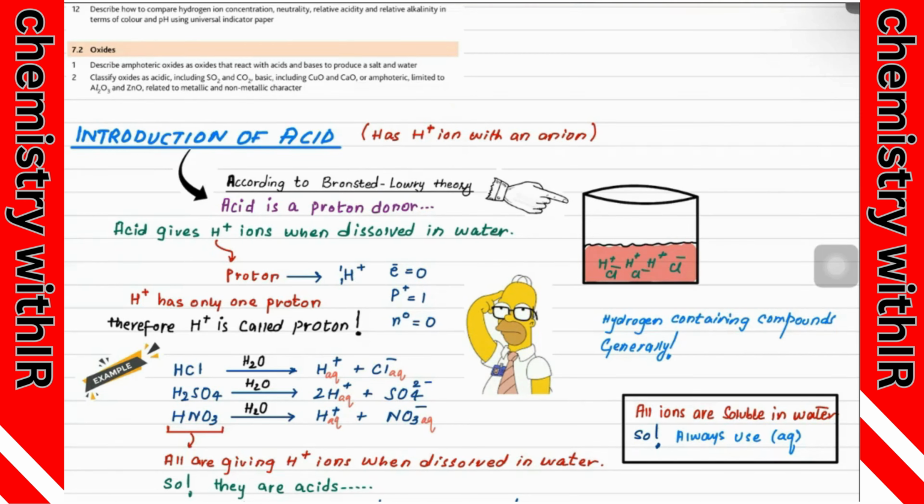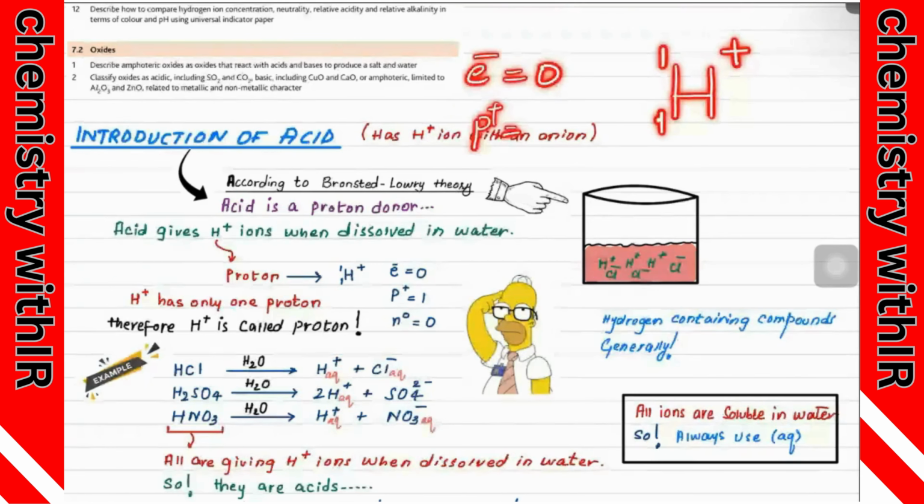Why is this called proton? If you can see, this is H plus, proton number is 1, mass number is 1. How many electrons does it have? You will say 0. How many protons? 1. How many neutrons? 1 minus 1, that is equal to 0.